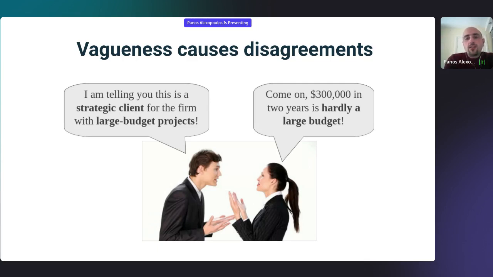And you see disagreement here from the other person, that an amount of 300,000 is not a large budget. So the question is, what is a large budget? What's the exact range of large? If it is not well defined, then the concept is vague. The term large is vague, and therefore it is subject to interpretation. It can be context dependent, it can be subjective, and therefore it can cause disagreements.